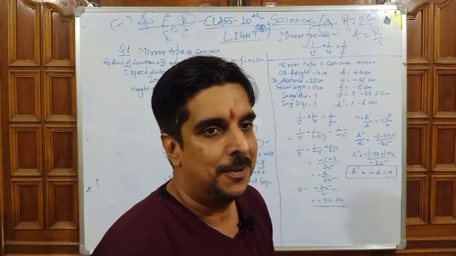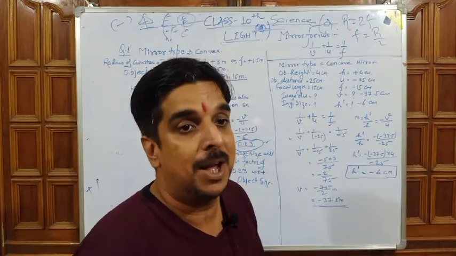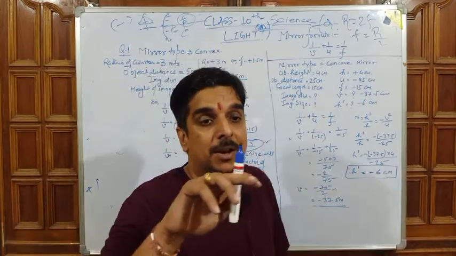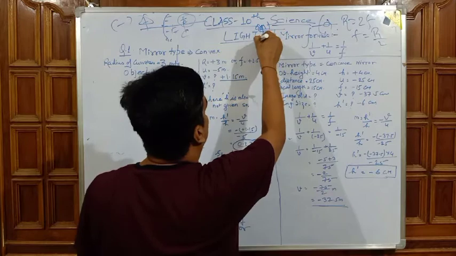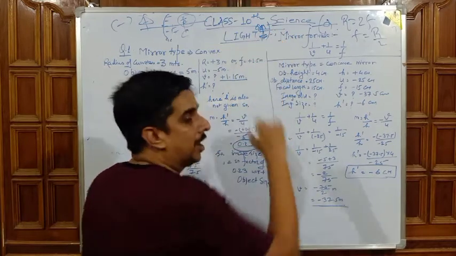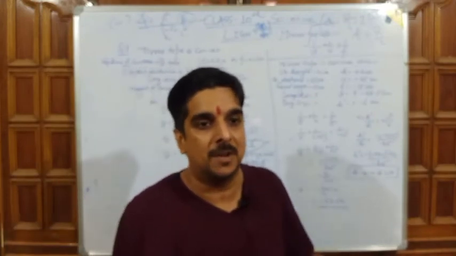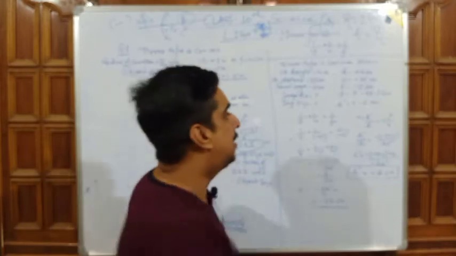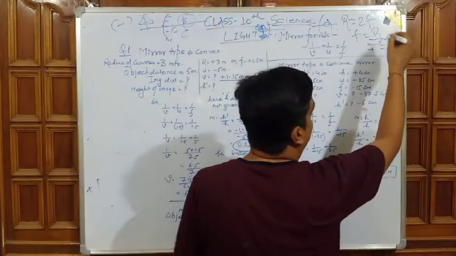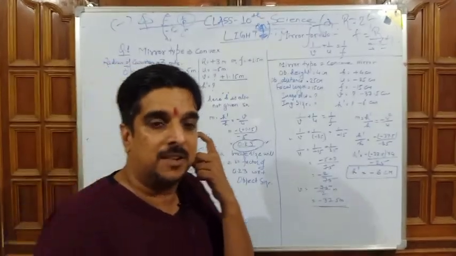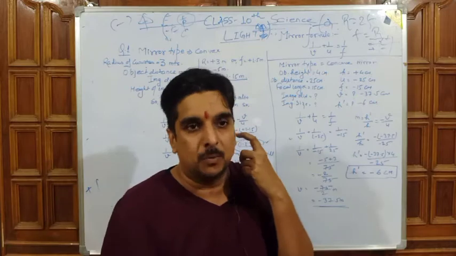What does that mean? If the height is minus 6 centimeter, it means the image will be in the inverted form. If the image lies just below the principal axis line, that will be considered as negative sign, because in my past class I told you earlier about the coordinates, like concave and convex, plus minus, x plus y plus, x plus y minus, both minus, and so on.